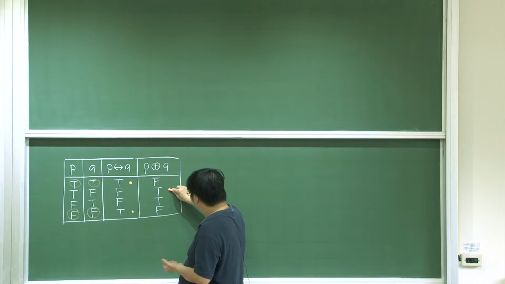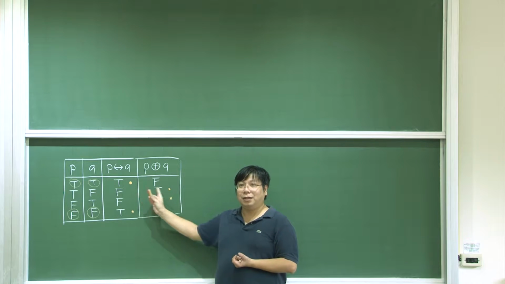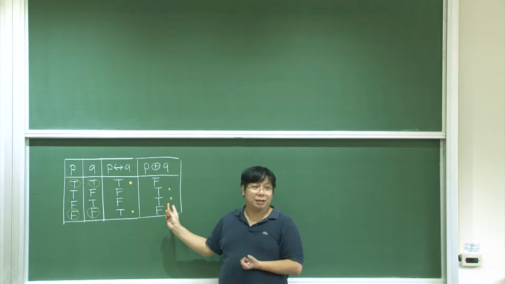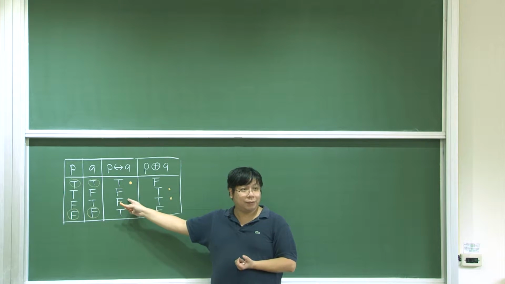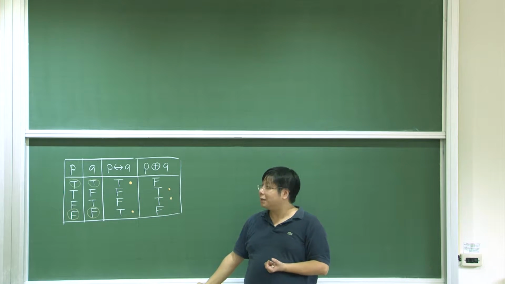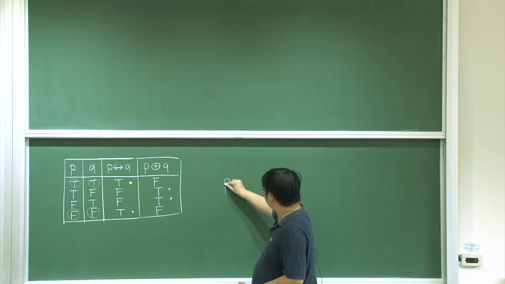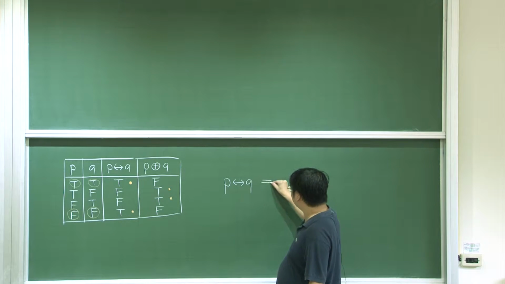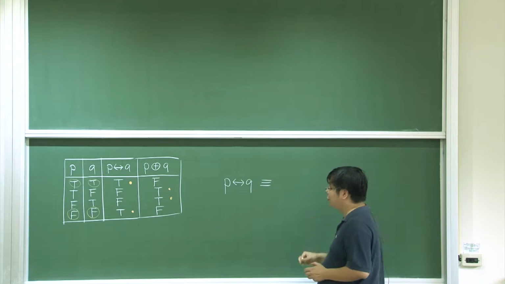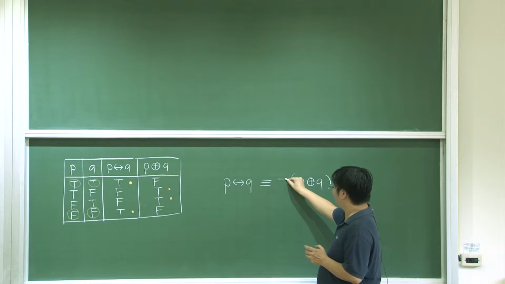So if you look at it, then these two are actually complementing each other. Whenever this side is true, this side is false. Whenever this side is false, this side is true. Okay? So immediately we actually have this proven. P if and only if Q will be equivalent to what? Okay, it is equivalent to, we first get P exclusive or Q, and then we take a not.